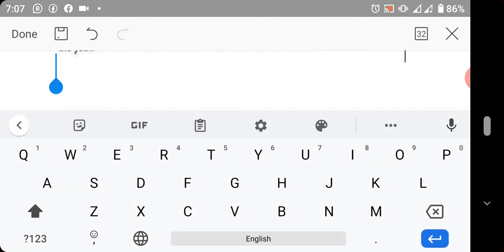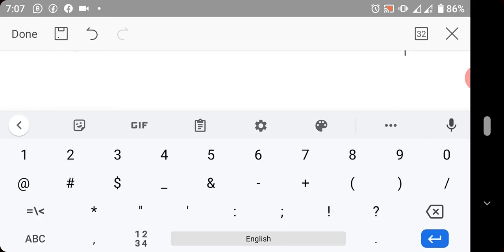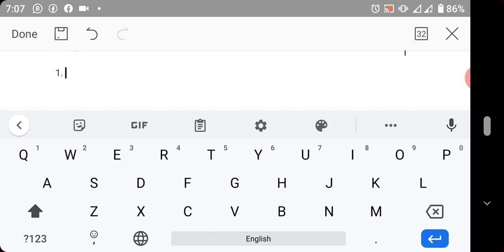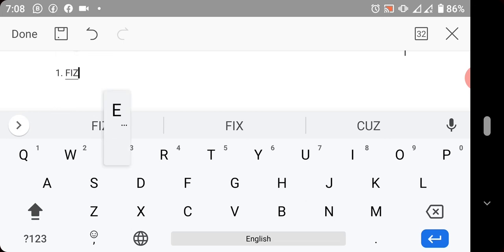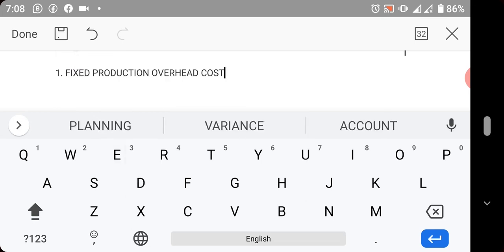So now, we come here. That's the first item we'll be doing. We have fixed production overhead cost variance. You understand?